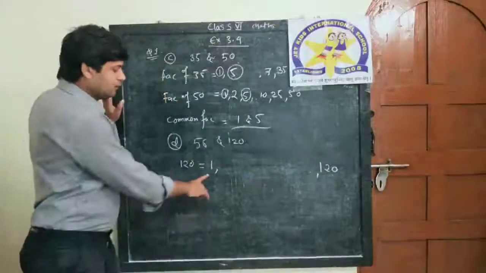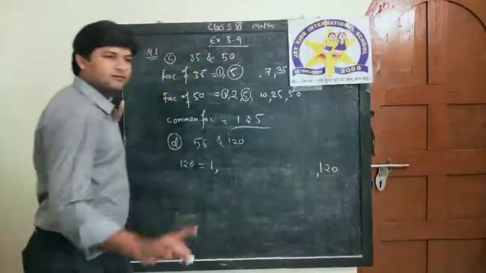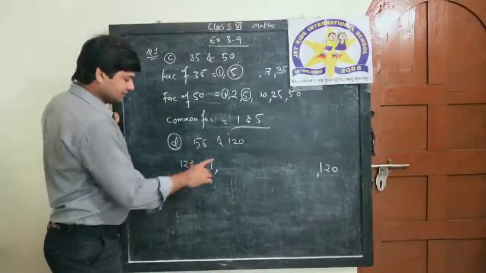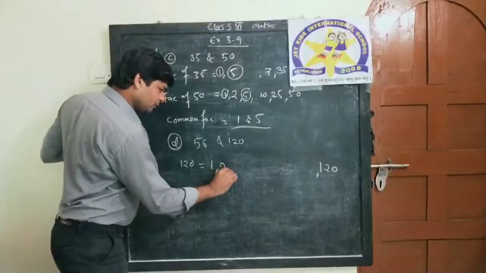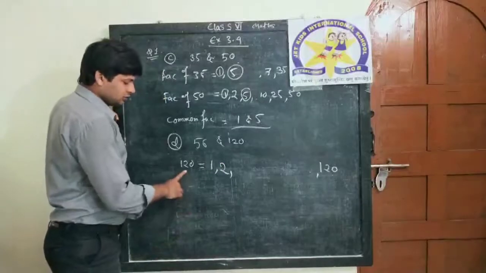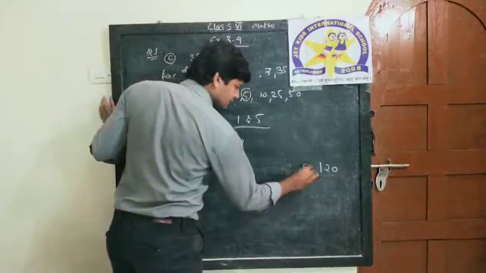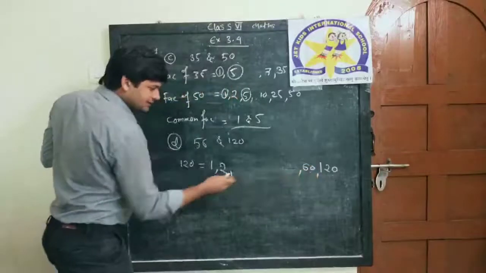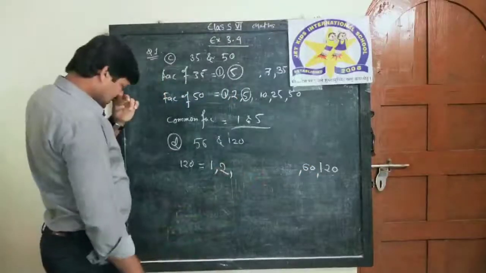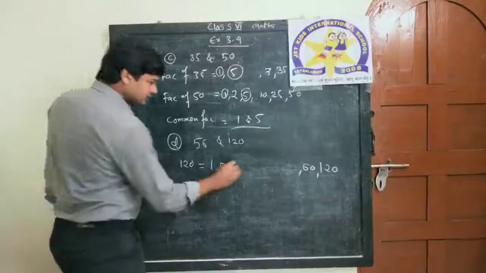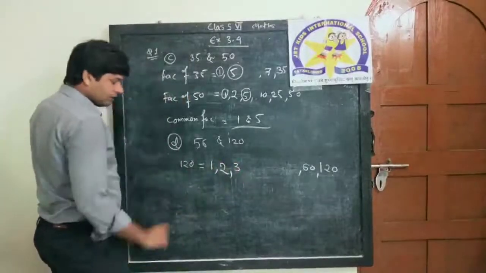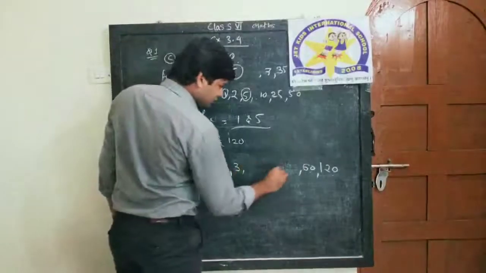We know very well that 1 and the number itself are always factors. Is it divisible by 2? Yes, 2 multiplied by 60. Now it will be decreasing and it will be increasing. Is it divisible by 3? Yes, 3 multiplied by 40.